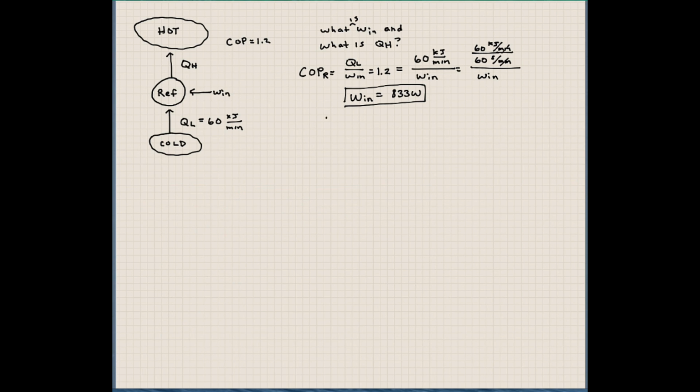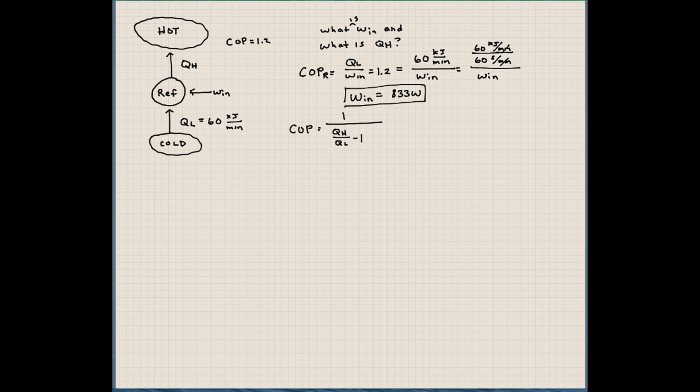So that's where this number comes from. Now the next thing we'd like to find is the heat that's rejected to the heated environment from our refrigerator. So again, we'll use the definition of the coefficient of performance from our textbook of 1 over QH divided by QL minus 1.